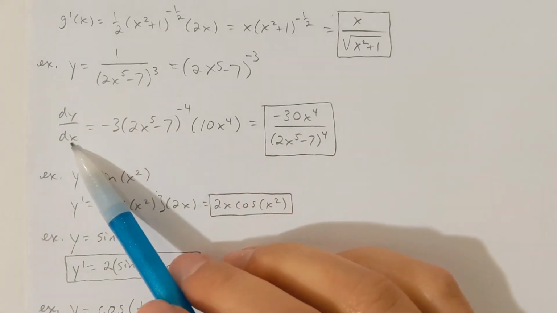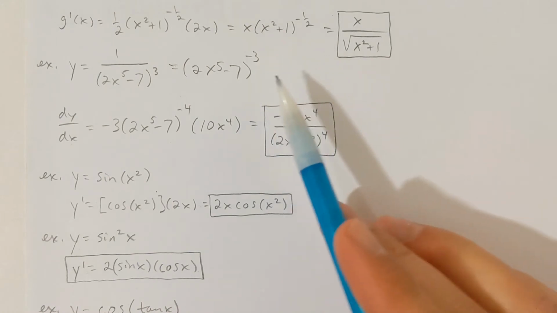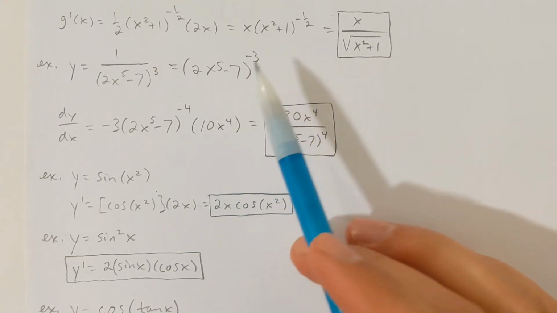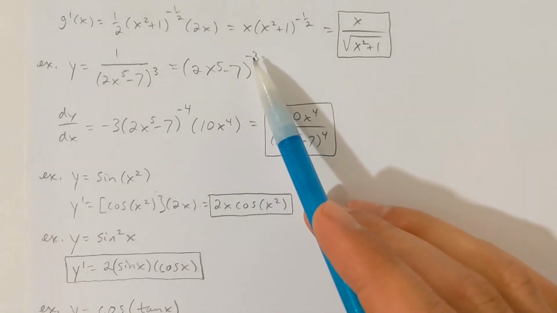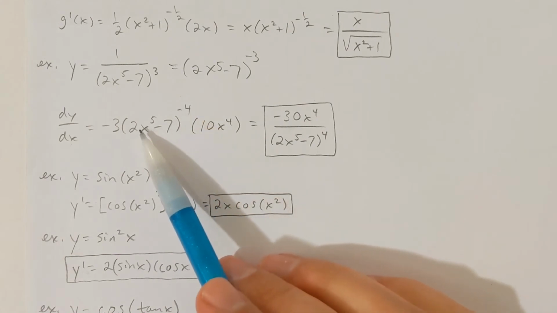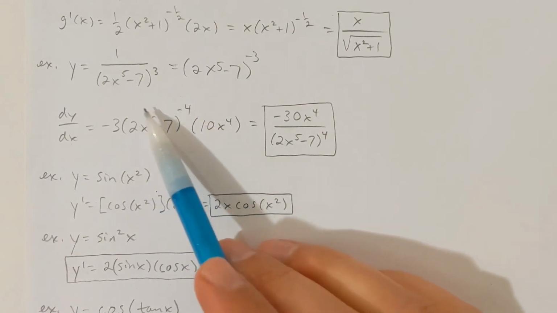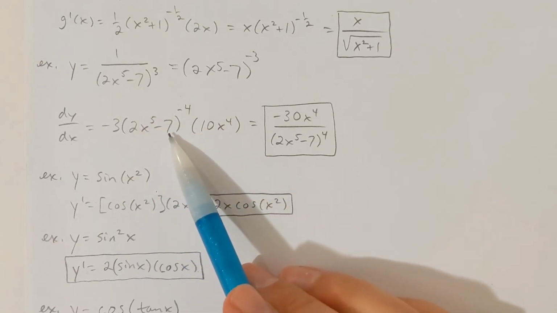The derivative of y with respect to x, or dy/dx, would be, using the chain rule, like I said, I'm going to begin as if this were just x to the negative 3rd. So bring down the power of negative 3, reduce the power by 1. 2x^5 - 7, that's the thing that I'm ignoring here, so I've got to finish the chain rule. I've got to multiply by the derivative of that.